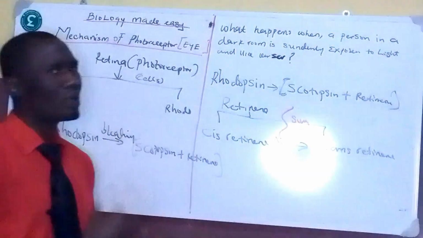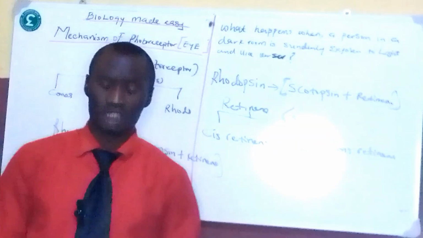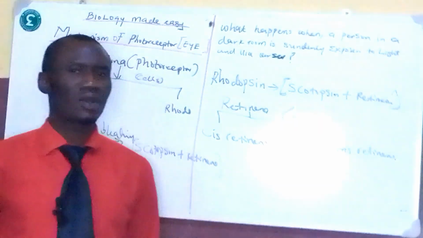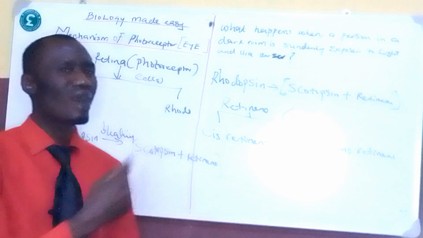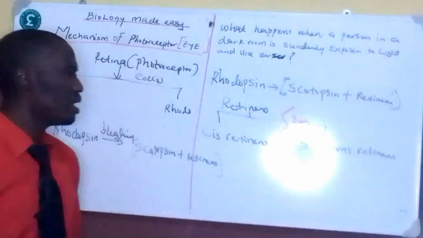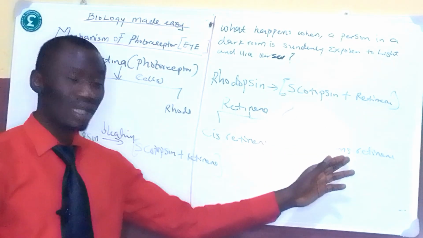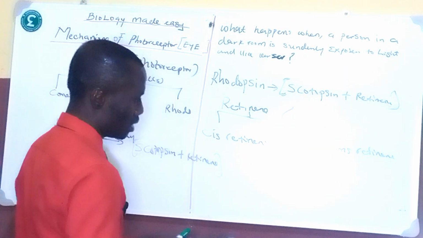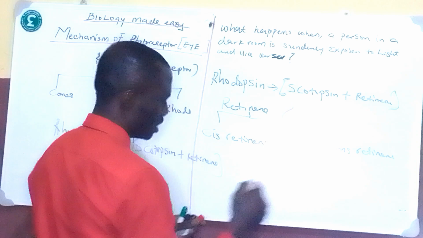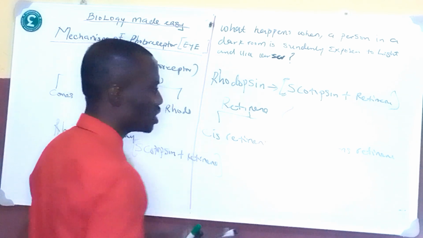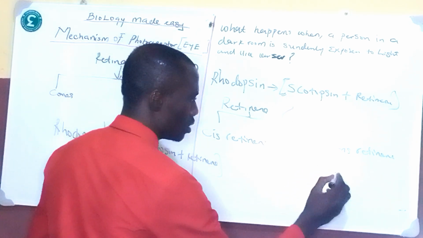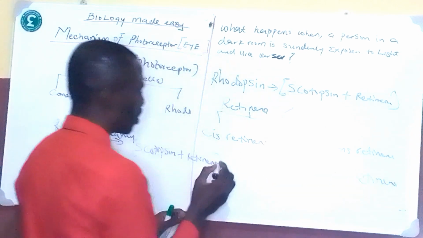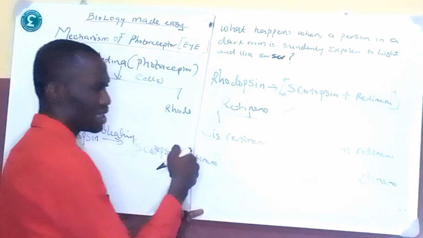Meanwhile, when a person that is exposed to a light environment, a visible environment, is taken to a dark room, the reverse is the case. The trans-retinine is reconverted to cis-retinine.